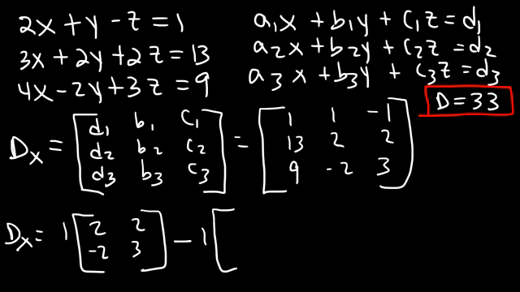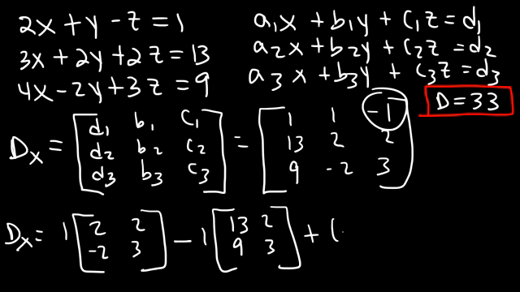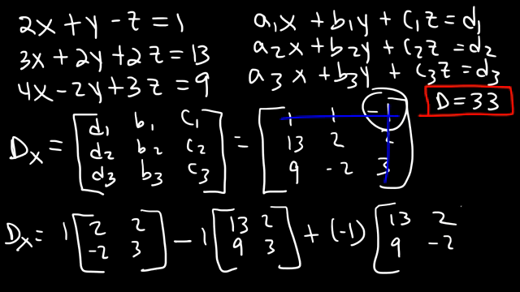And that element corresponds to row 1, column 2, leaving behind these 4 elements. So it's going to be 13, 9, 2, 3, and then plus this one, which is negative 1. And that corresponds to row 1, column 3, which leaves behind 13, 2, 9, and negative 2.